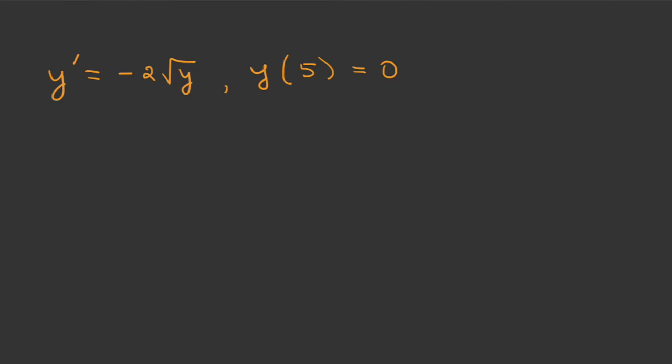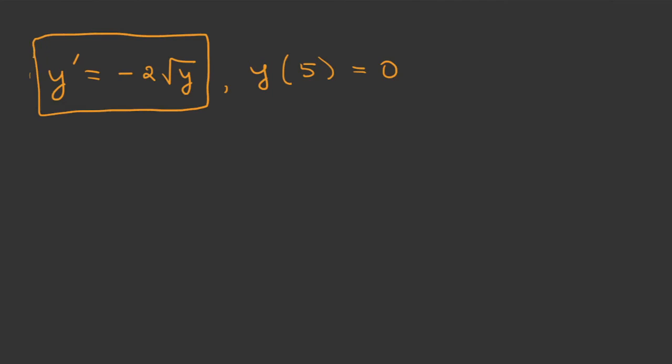Why is that? Well, first, what does our equation together with this initial condition say? It says that our point moves according to our differential equation, and that at the moment of time t equals 5, the point is at the equilibrium.